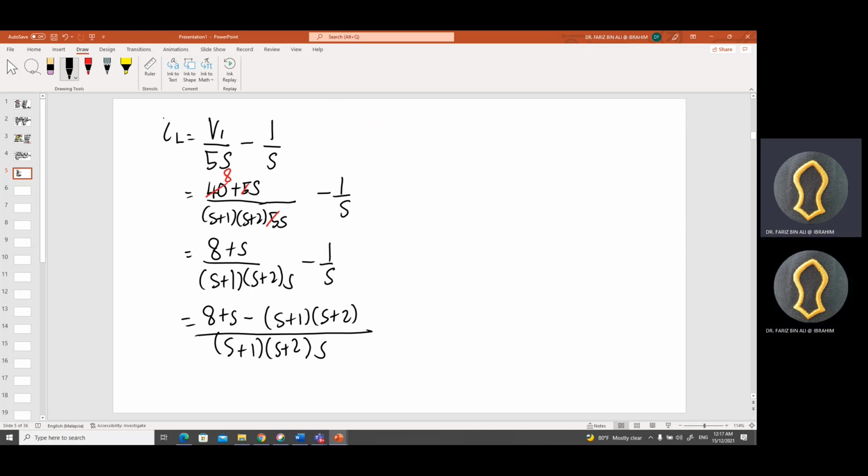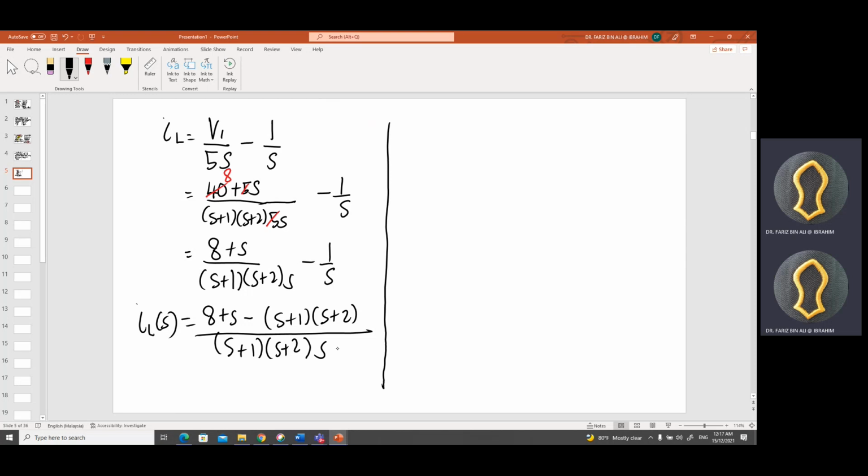Okay, so this is my inductor current IL in the S domain. So this one, I think from here we can use partial fraction expansion. We can use partial fraction expansion.